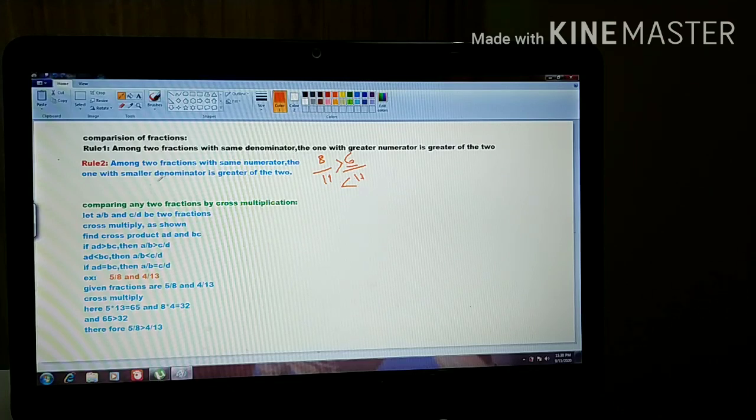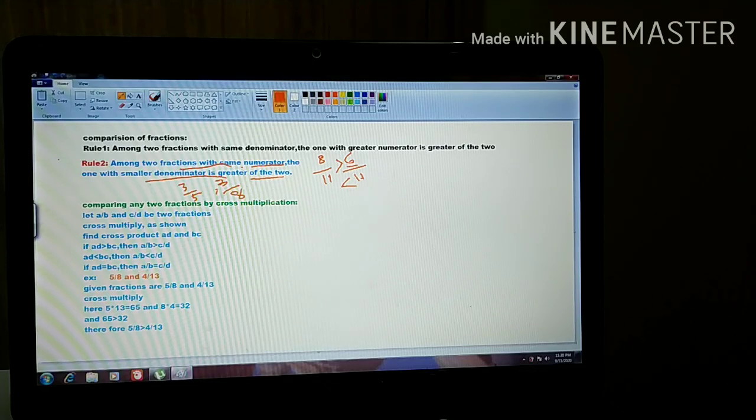Next, see the second rule. Among two fractions with the same numerator, the one with the smaller denominator is the greater of the two. Clearly understand the difference. If the numerator is the same, see these examples: 3 by 5 and 3 by 8.